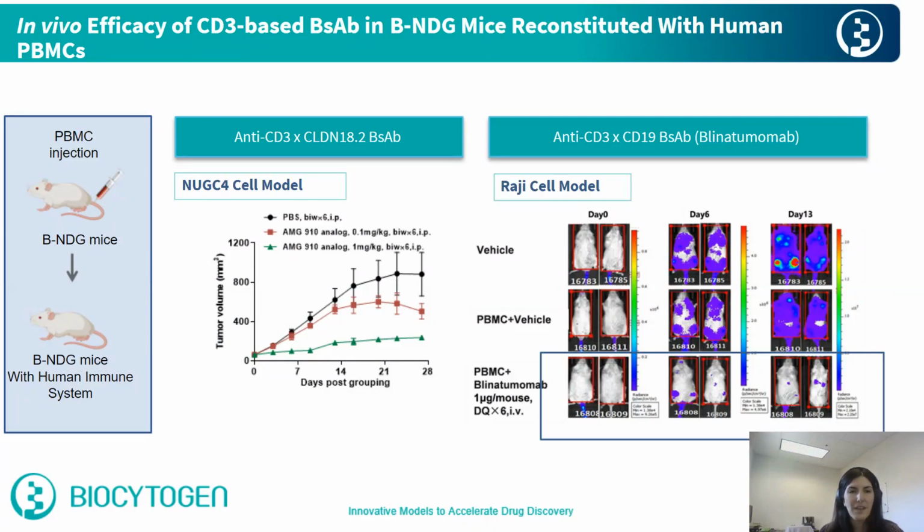These mice were then treated with a bispecific antibody targeting CD3 and Claudin 18.2, which showed excellent efficacy in this model at the higher doses, shown by the green bars. Similarly, on the right-hand side, treatment with blinatumomab, the CD3-CD19 bispecific antibody, is very successful in this humanized PBMC model at preventing the growth of the Raji lymphoma cells, as shown by the luminescence data, again, on the bottom row.